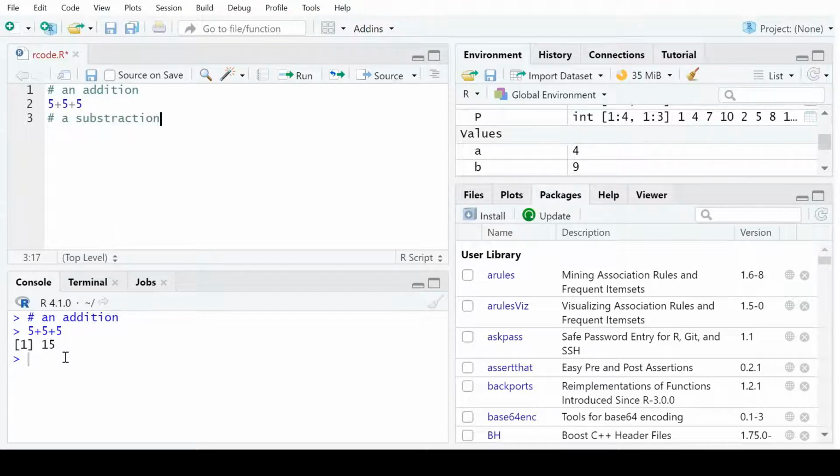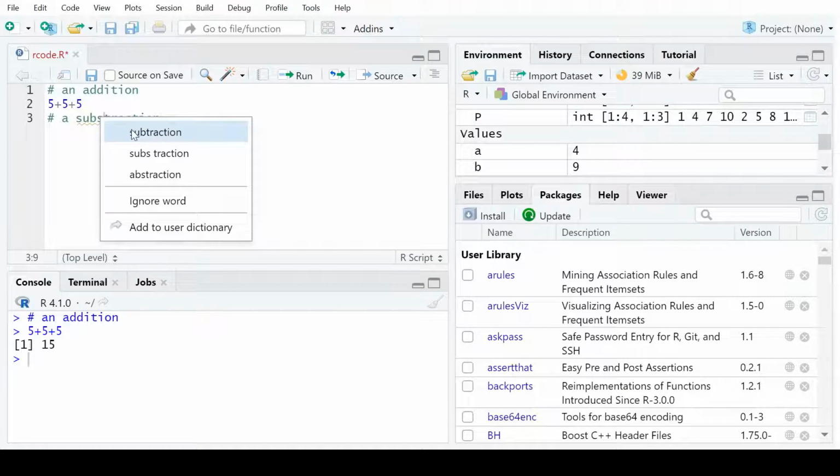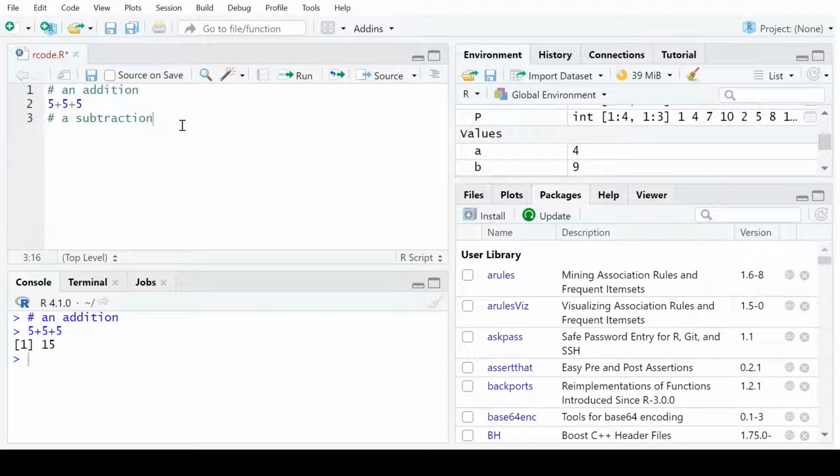Now we can do subtraction. How can we do that? Again, we can write down whatever numbers you want to subtract, and then you can execute this command and you will get an answer. This is as simple as that.